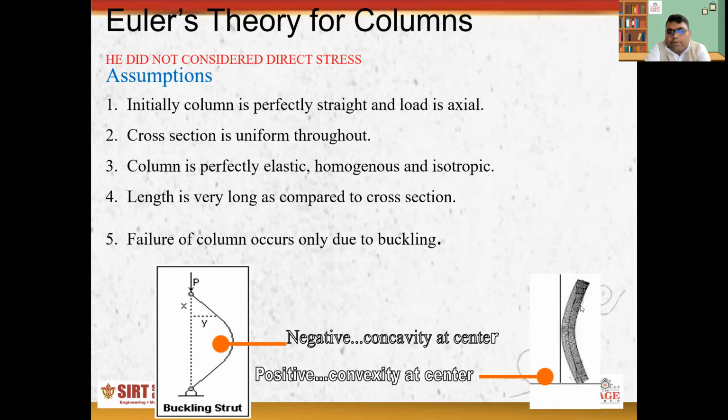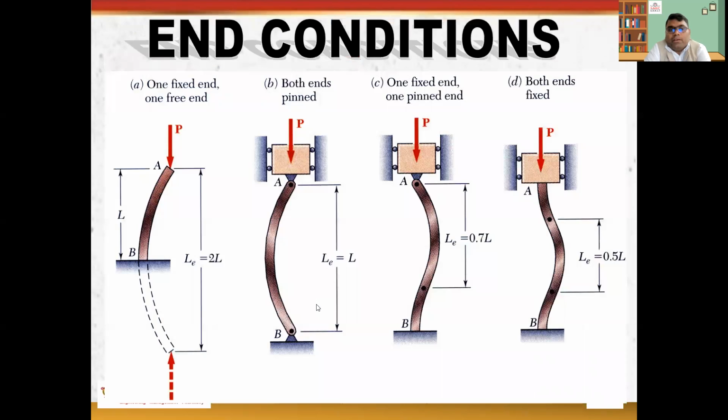And if this type of buckling of the column occurs, there is convexity at the center, so this is taken as the positive sign.